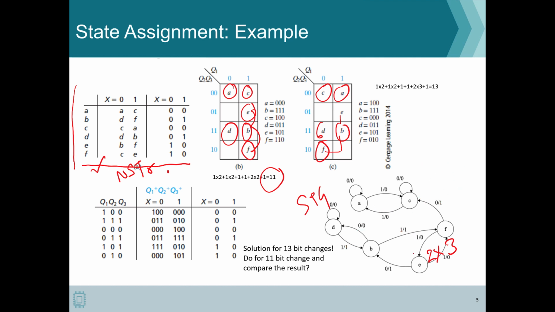Therefore, we have these 2 solutions. So you can implement this. And here is a solution that is given for the 13-bit change. These are your assignments, wherever you place them.